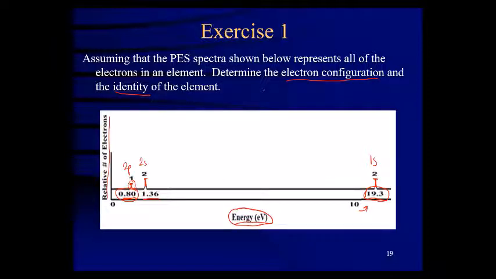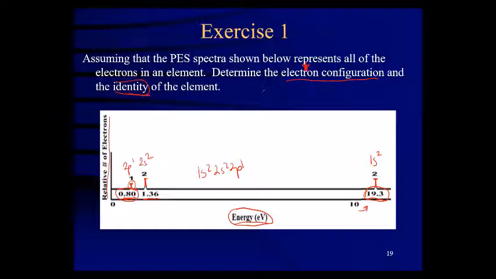Some graphs do not, so you have to look at the relative height to determine the number of electrons. So this would be 1s2, because there's 2 electrons in the 1s. This would be 2s2, there's 2 electrons in here, and this would be 2p1. So 1s2, 2s2, 2p1. That's my configuration, so that's what I need for this part.